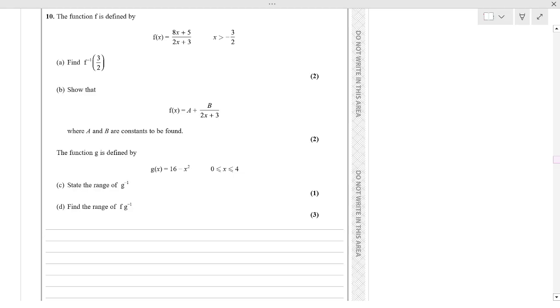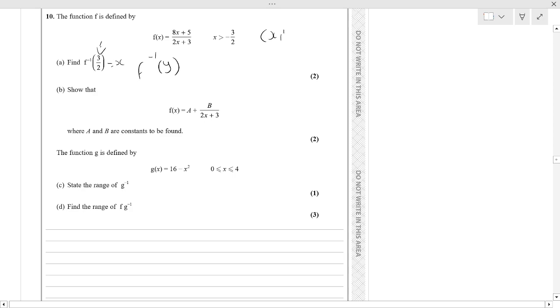Now, there are two ways of doing it. If you're comfortable, you could realise f inverse of x is almost like the y value. So what x value gives the y value 3 over 2, because that's the inverse of a function. In the inverse of a function, remember, x and y switch roles.